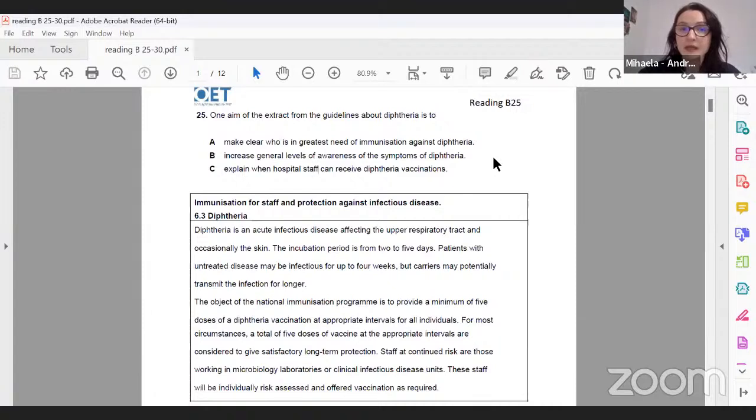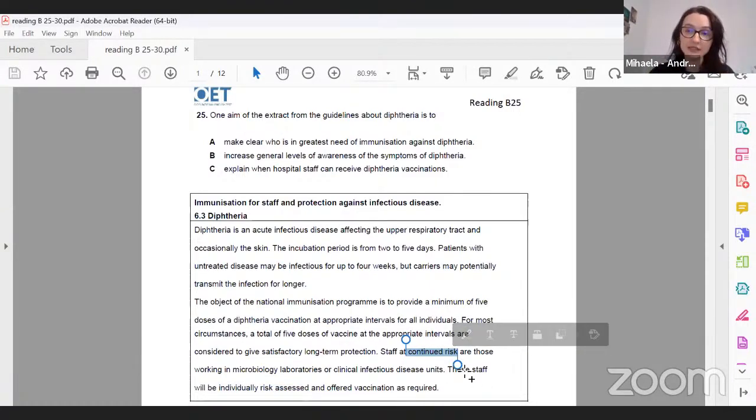So that means it's A. That means it's A because it says who is in the greatest need of, and we have here staff at continued risk are those in, and they will be individually assessed and offered vaccination. I mentioned earlier, after I skimmed the text, that out of all the people, patients and all individuals who should receive vaccination, they single out a certain category of staff which are at continued risk.